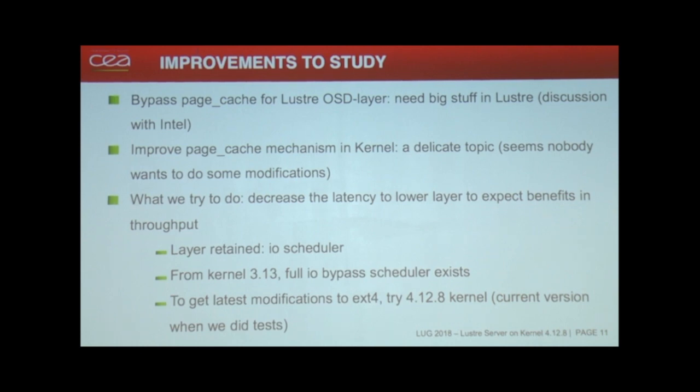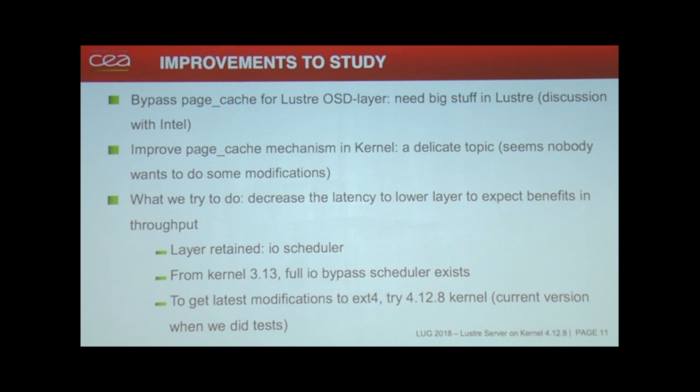What we have chosen is to select an I/O scheduler bypass. It means we don't want to schedule I/O. What we need to do that, we need a kernel that supports this feature. This feature is available from kernel 3.13, excuse me, where you can select the none I/O scheduler.